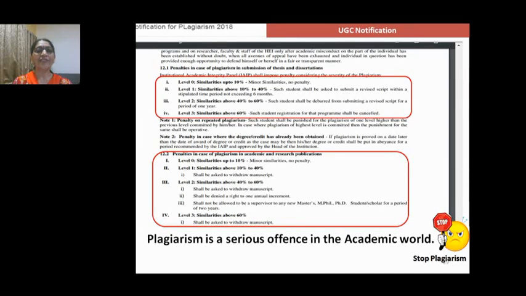So the last, similarities above 60%, that is level 3, shall be asked to withdraw the manuscript. So these are all the offences and the penalties framed by the UGC notification for plagiarism. So we have to stop plagiarism because it's a very serious offense in the academic world.